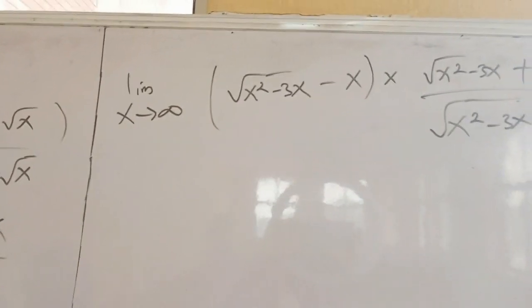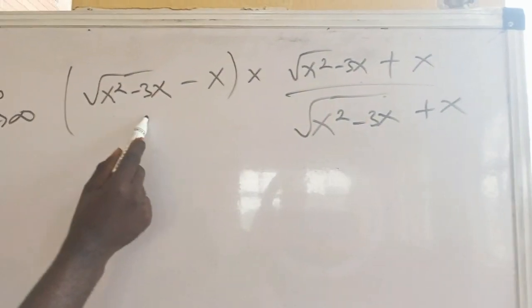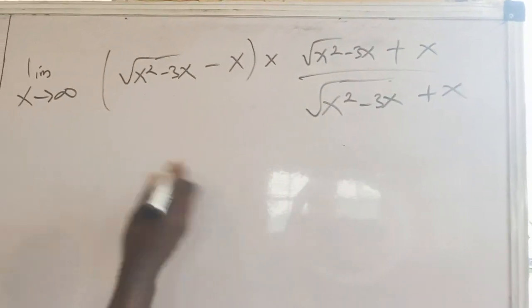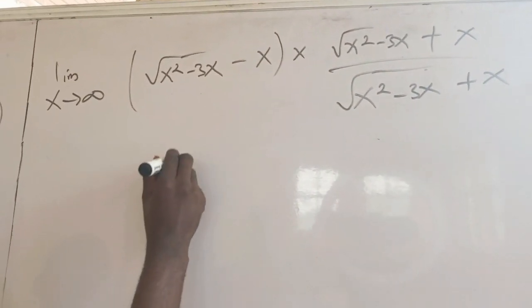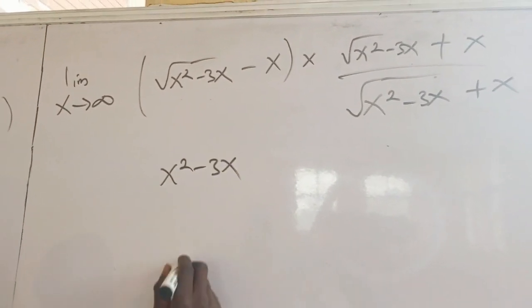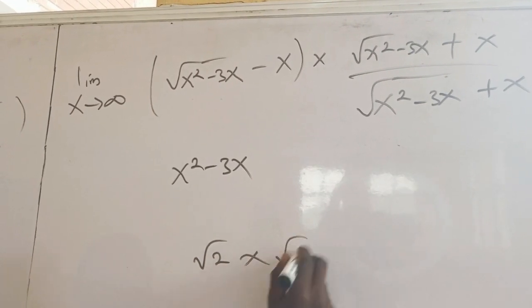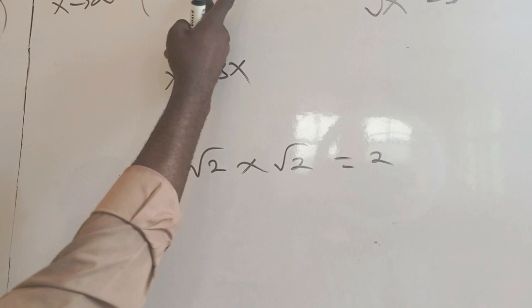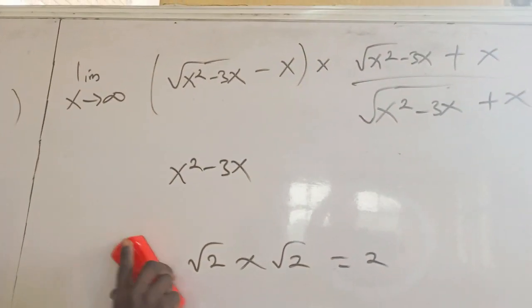So by expanding that, root of x squared minus 3x multiplied by root of x squared minus 3x will just give us x squared minus 3x, because you agree with me that root 2 times root 2 will be equal to 2. So if we are multiplying this, it will just be the same thing.